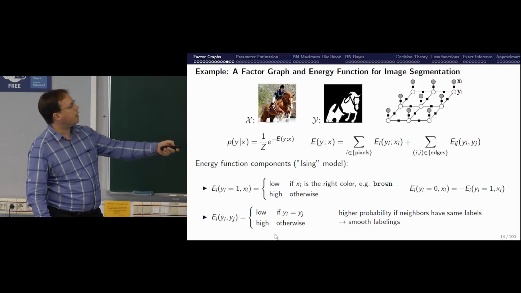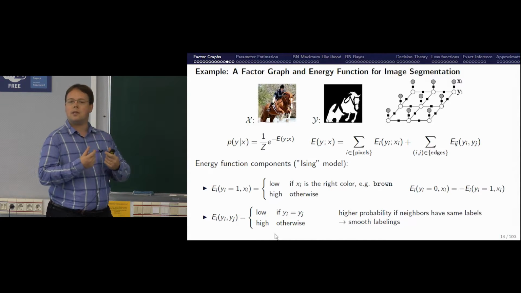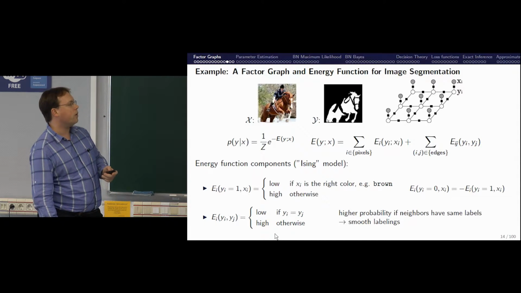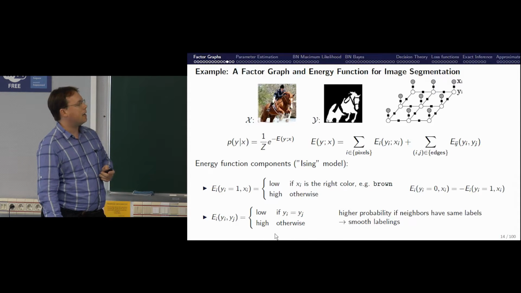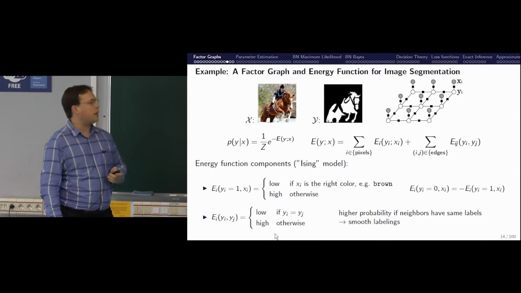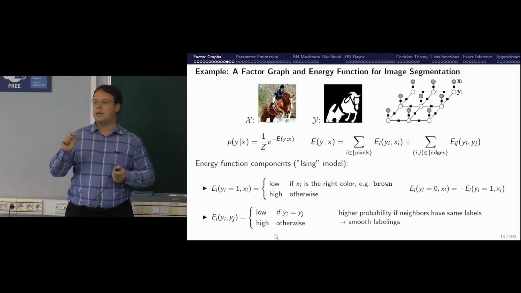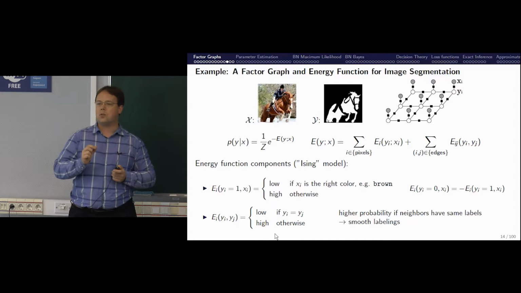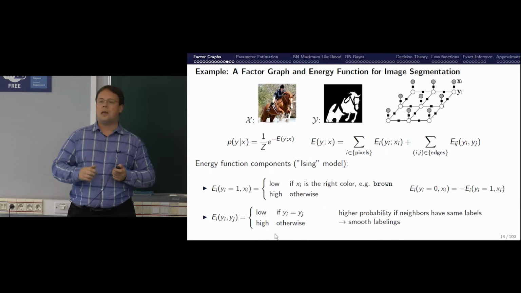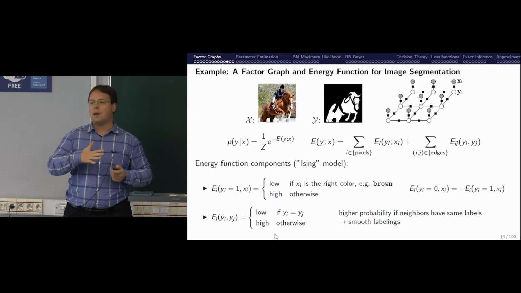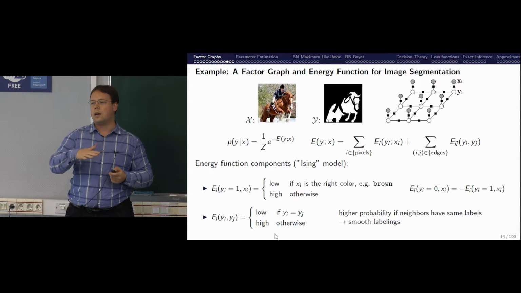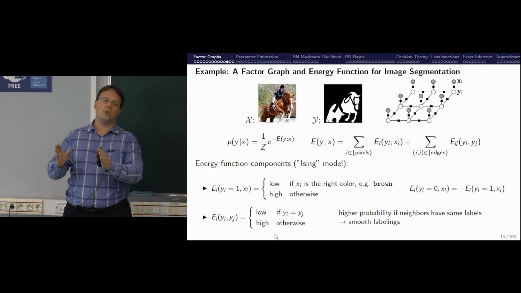But we also have the second term that looks at two neighboring labels at a time, and that will be low if they are the same, and it will be high if they are not the same. So that means foreground pixels tend to be next to foreground pixels, background pixels tend to be next to background pixels, and that will make combinations of labels more likely if they have smooth, large regions of homogeneous labels.